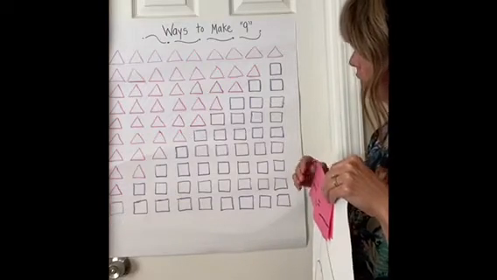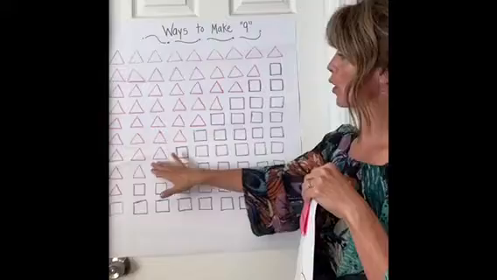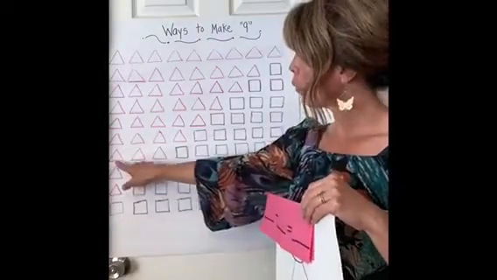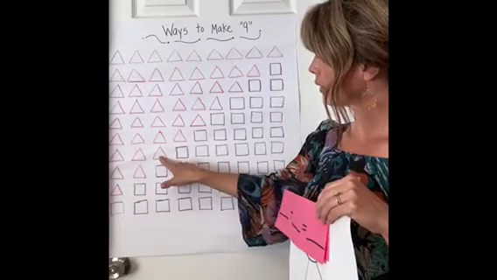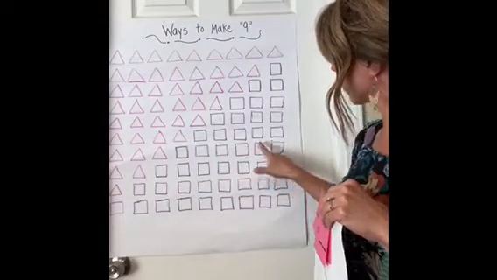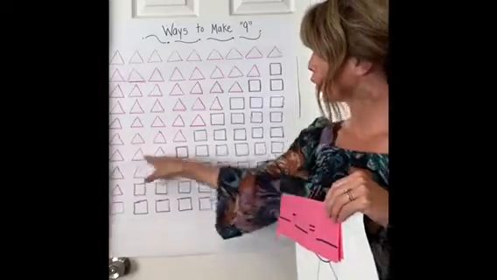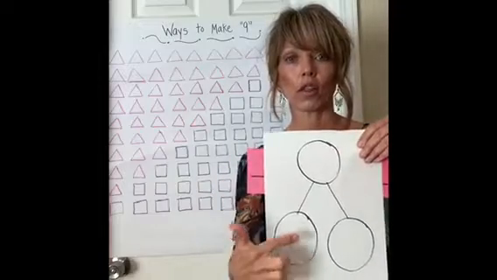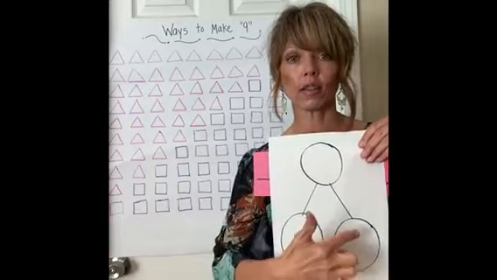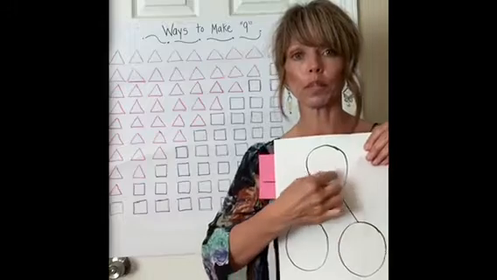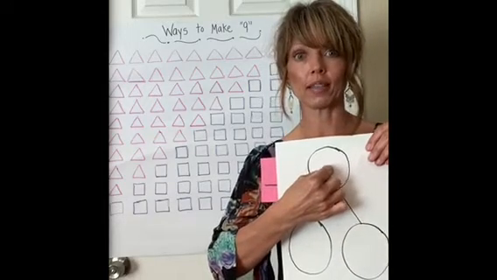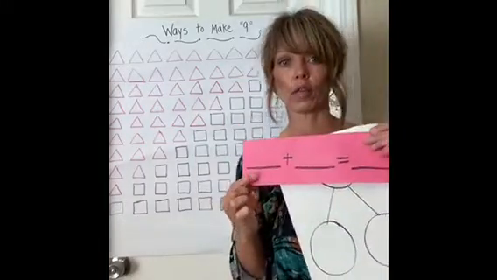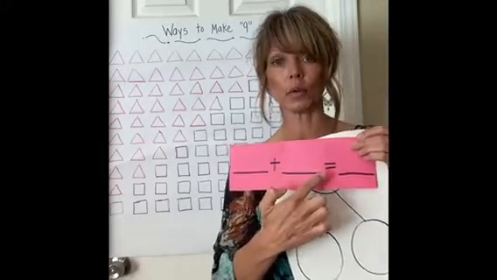All right, let's take a look at the next one. Last time we had 4 triangles, so this time we know we are going to have 3. So our next way to make 9 is 1, 2, 3, and 1, 2, 3, 4, 5, 6. 3 and 6 is 9. 3 objects here, 6 objects here. Bring them together to make 9. 3 plus 6 equals 9.